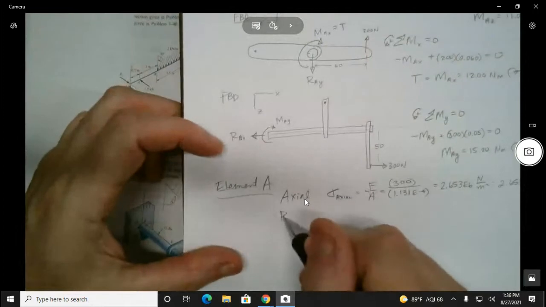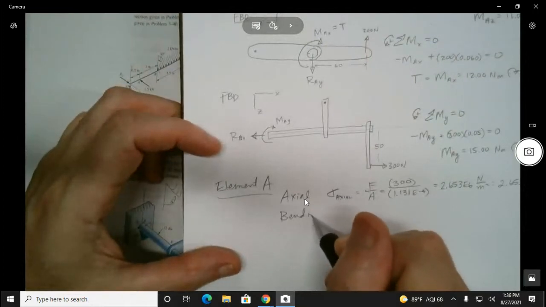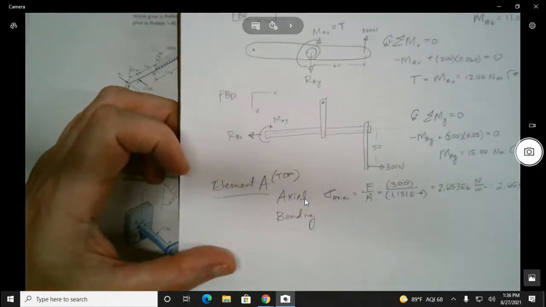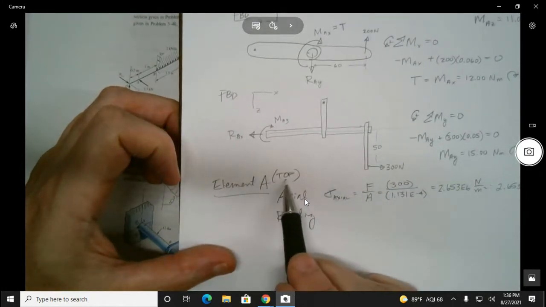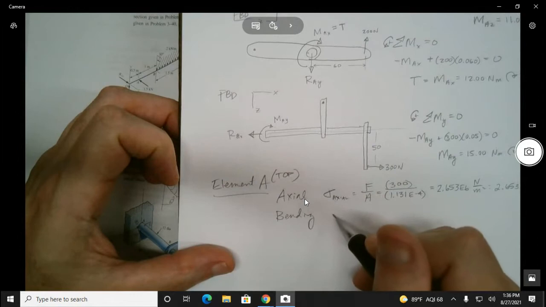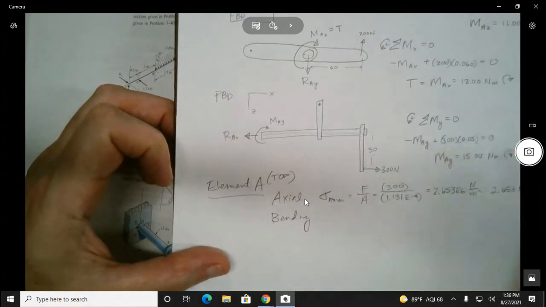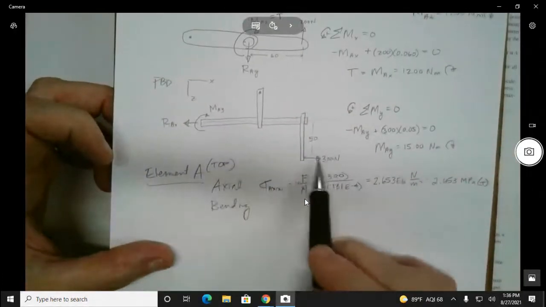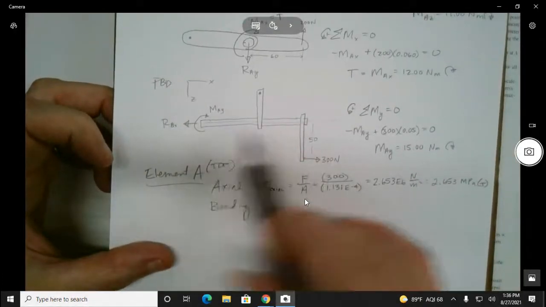And then for bending, and by element A, I'm calling it the top right there. And by the way, we got to make sure we mention this. That's tension, right? With a little T. We know that it's going to be pulling on the thing.